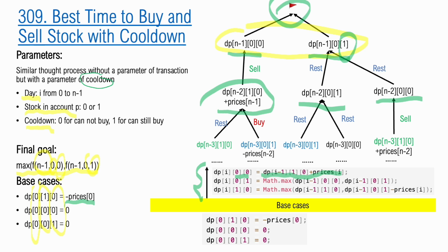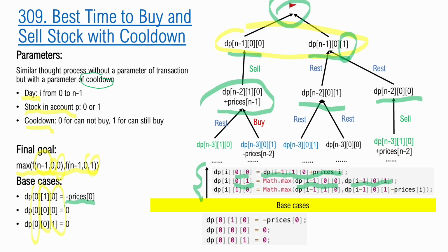For a 0, 1 combination, it means that you don't have stock, but you can buy again. So you rested on this day, and it will be based on the previous day: you either have the 0, 0 from the previous day, or the 0, 1 from the previous day.